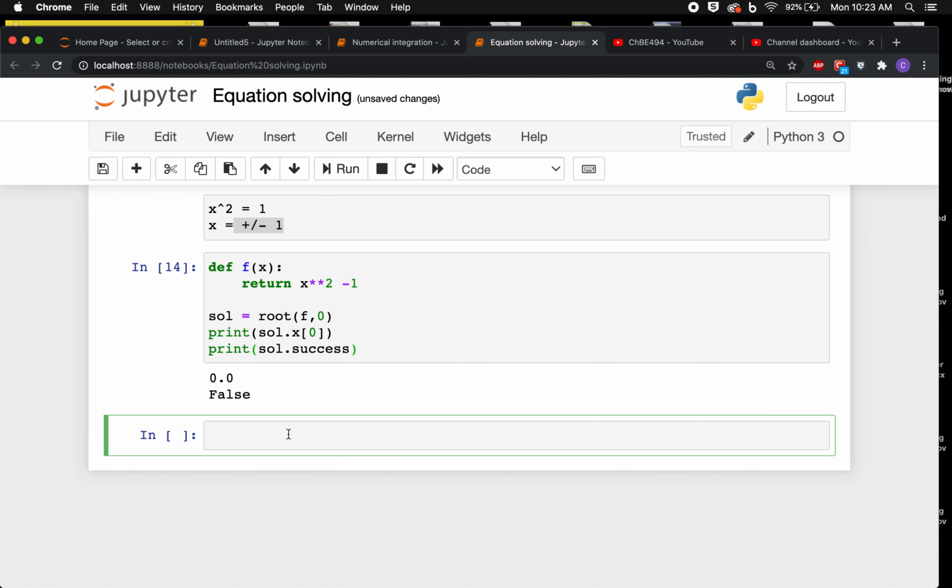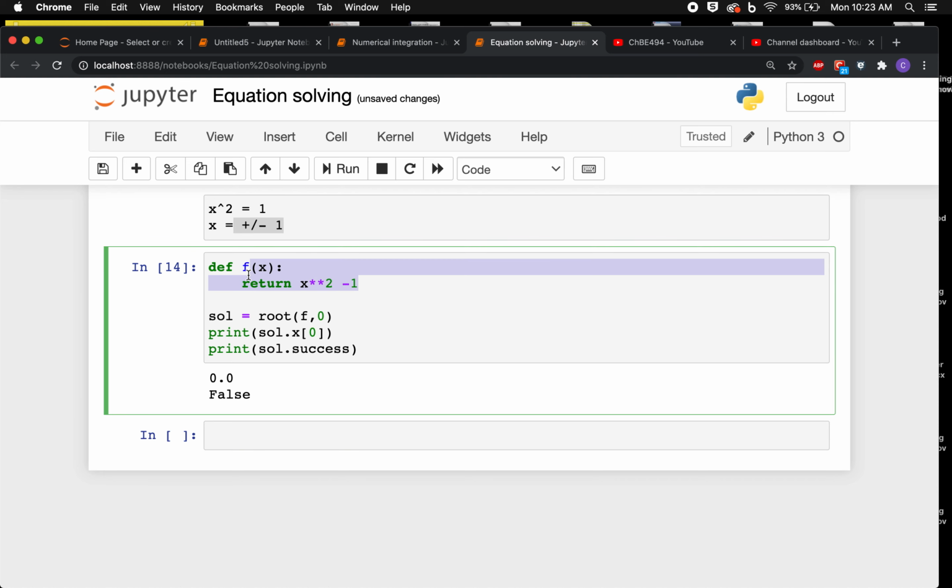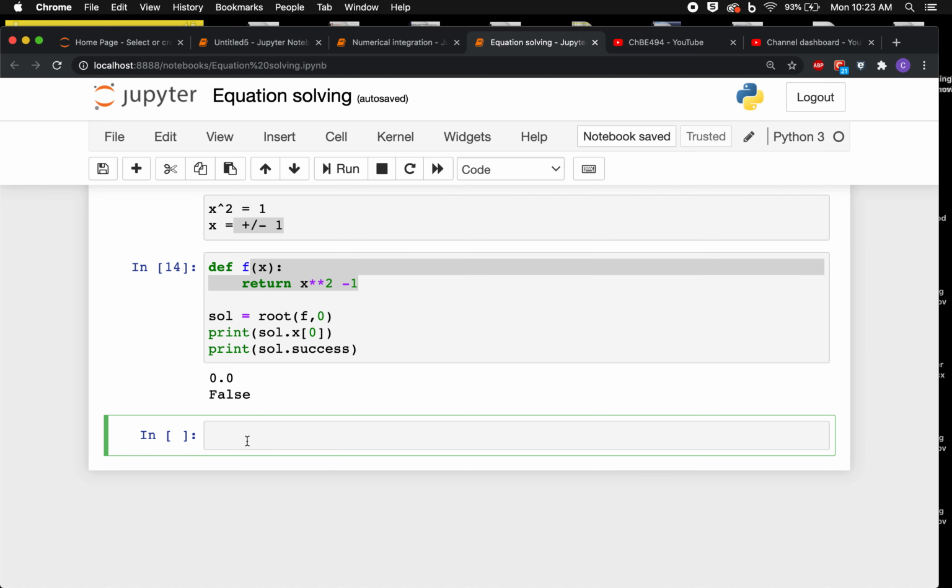So the other thing we can do, in addition to solving nonlinear equations, and in general nonlinear equations can have lots of different answers, is we can also do multivariable equations. So again, here the number of equations has to equal the number of unknowns. So I could define my fun. I'm going to pass in z.